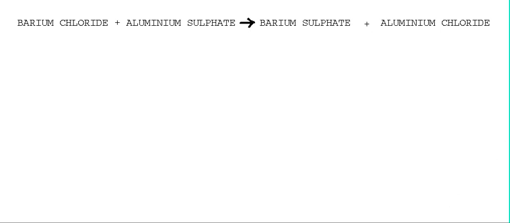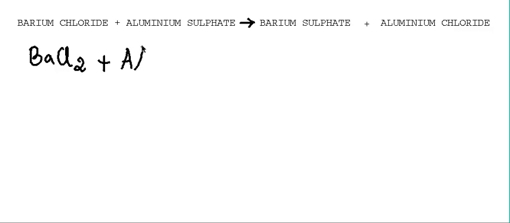Now for this we should first write the skeletal equation. Now what is the formula of barium chloride? It is BaCl2, because barium has a valency of 2 and chlorine has a valency 1, so BaCl2.